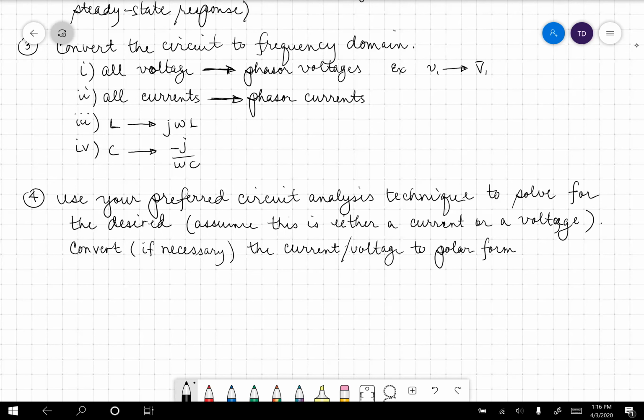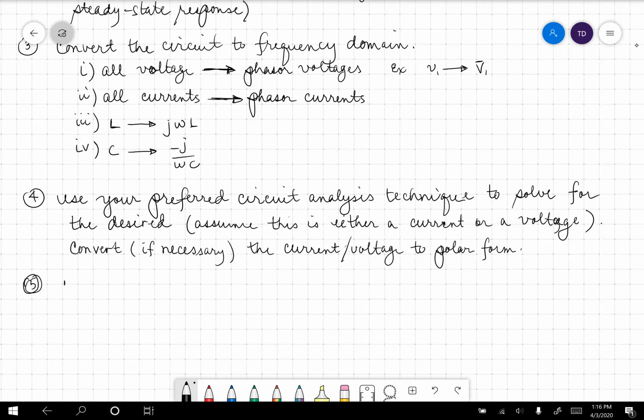Obviously, when I say put it in polar form, you can put it in exponential form because exponential and polar really are the same thing. So we do that. We put it in polar form. Now, why? Because we need it in polar form if we're going to convert it back to the time domain. And obviously, we want to solve the problem in the time domain.